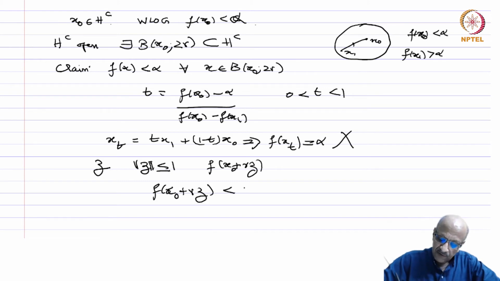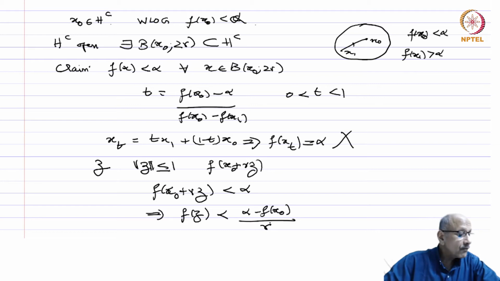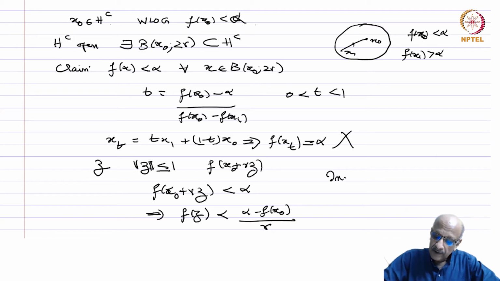So f of (x naught plus rz) is less than alpha. So it implies for all such z, f of z is less than (alpha minus f of x naught) by r, and therefore the image of the unit ball is bounded, which implies of course f is continuous.